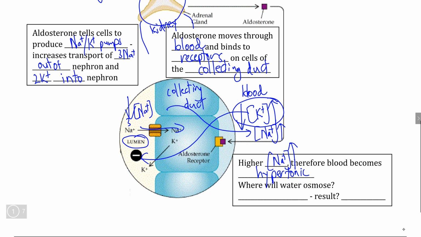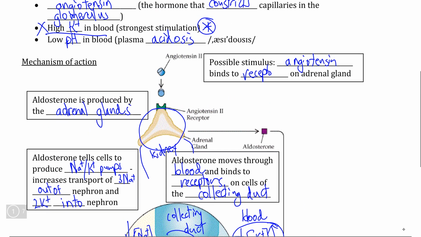Now, therefore, if our blood is hypertonic, water is going to osmose into our blood in order to counteract the effects of this high concentration of sodium, and therefore, if more water enters our blood, if we have a greater blood volume, that means that our blood pressure, the force exerted by the movement of water, is going to increase.